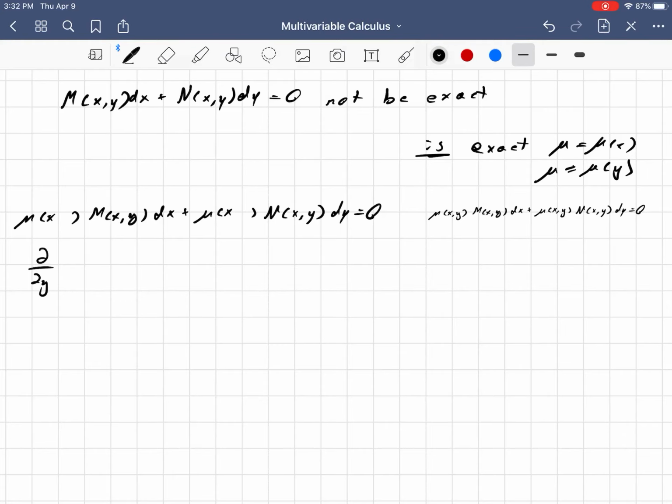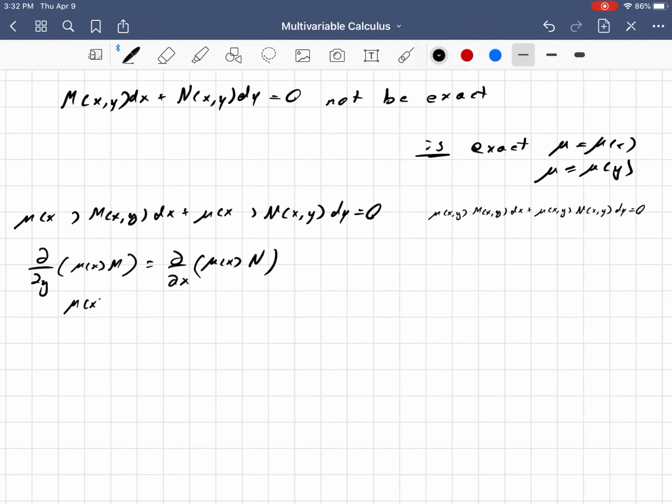So now this means that partial y of mu of x times M, I'll just write it as M for now, I don't want to make it longer than it has to be, needs to be partial with respect to x of mu of x times N for it to be exact.